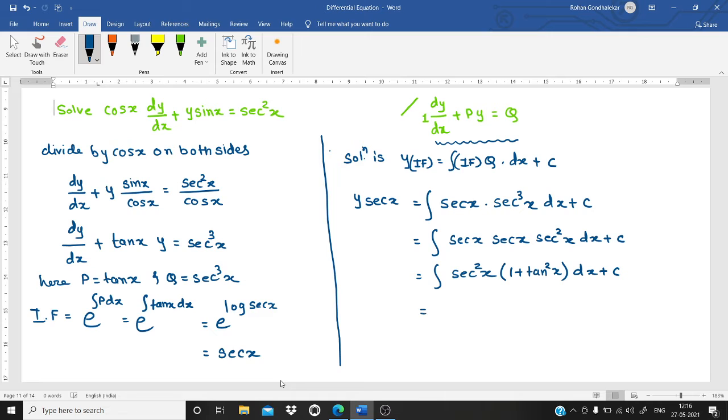So this gives us integration of sec square x plus integration of sec square x into tan square x dx plus c.